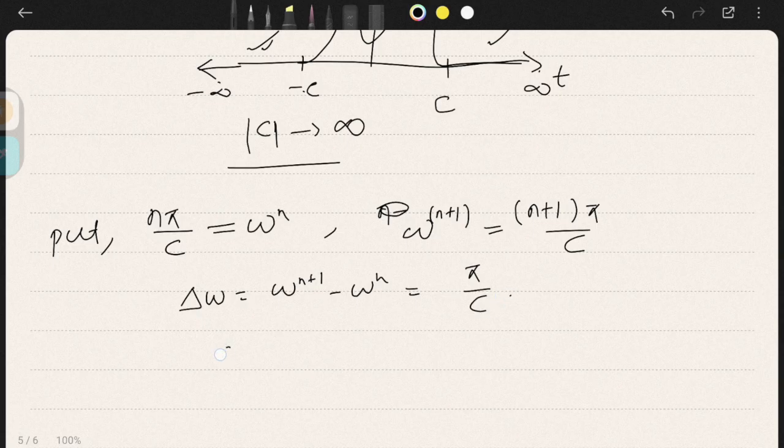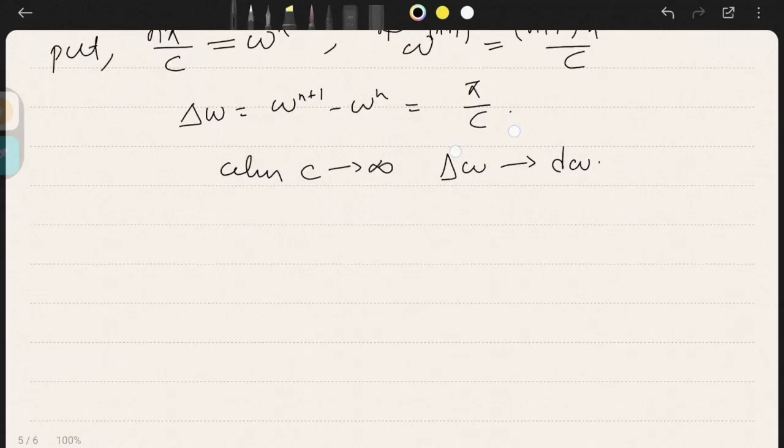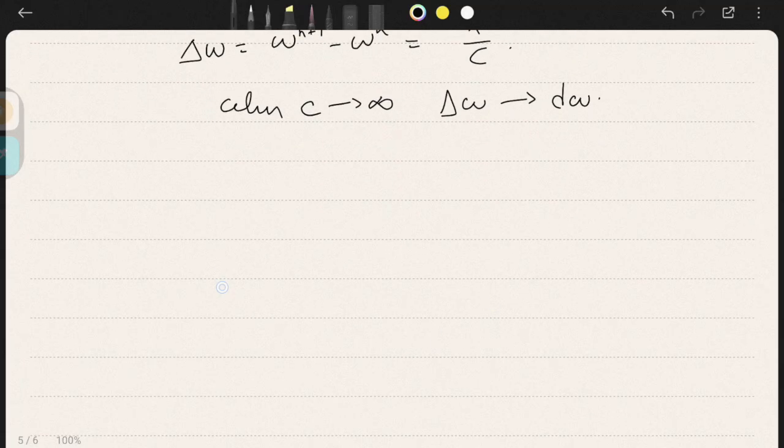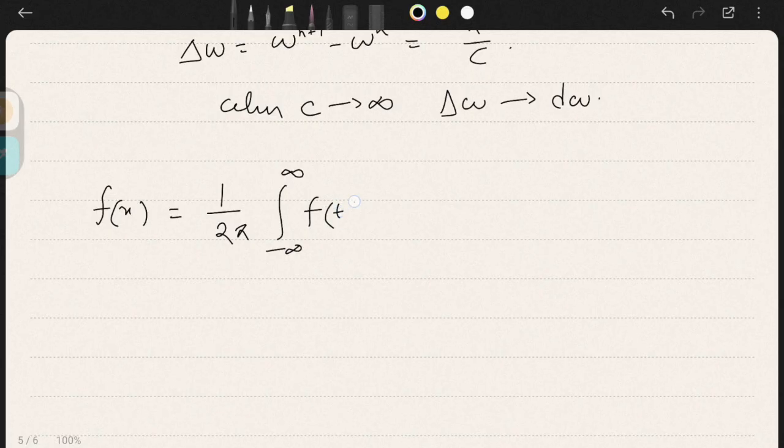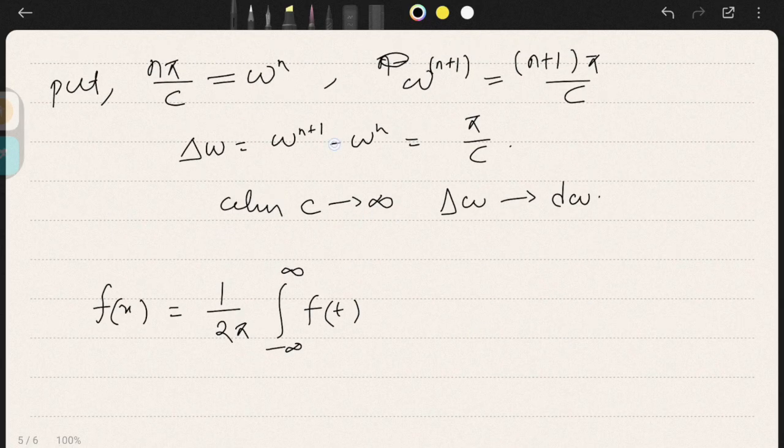But when c tends to infinity, it will be very small, so del omega converts to d omega. Now the integral becomes 1 by 2 pi, integral from minus infinity to infinity, and this pi by c becomes d omega.